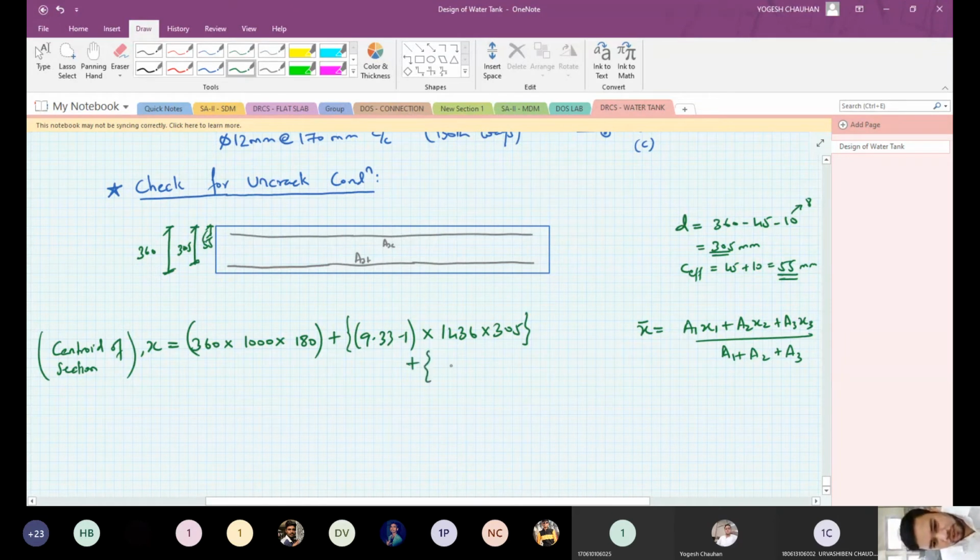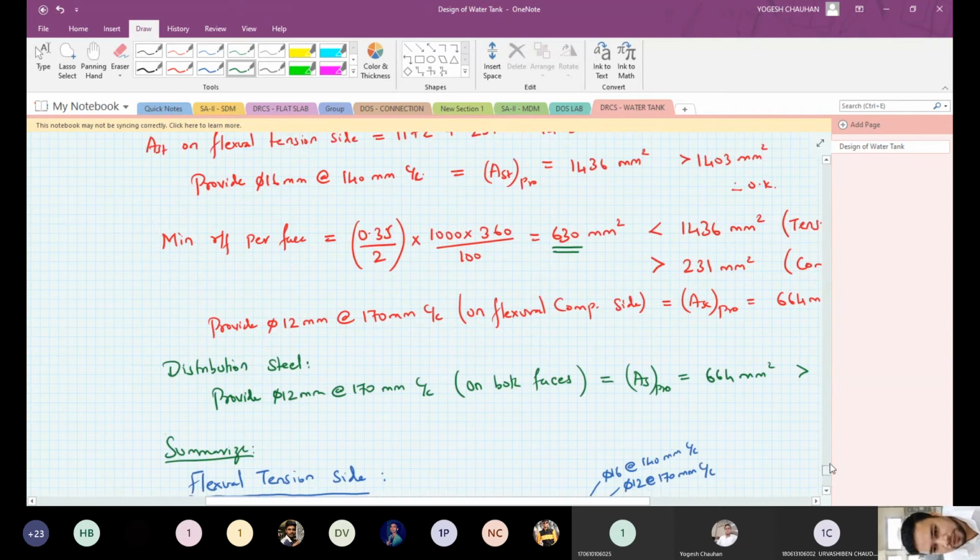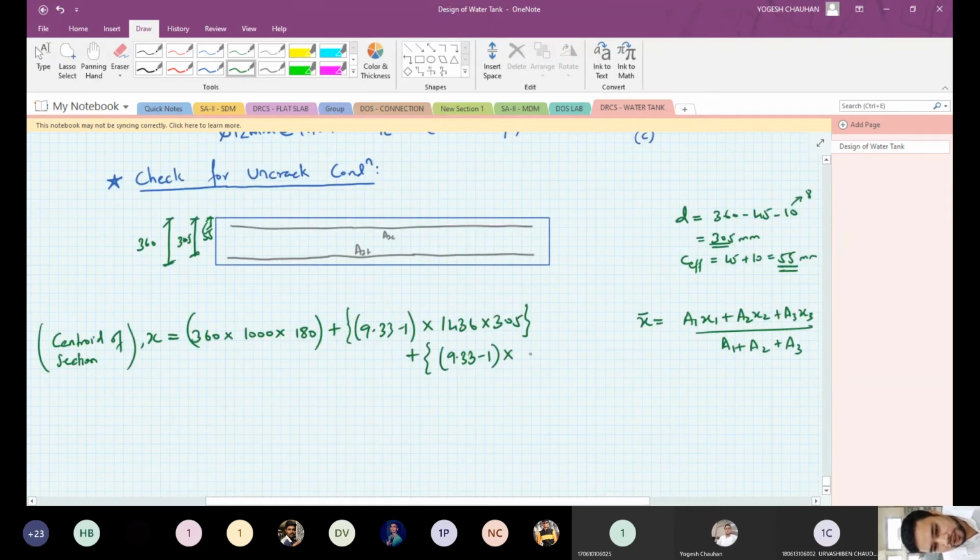So plus again m minus 1, where m is 9.33. So 9.33 minus 1 into the area of the steel provided on the compression face, that is 664, into this distance, that is 55.